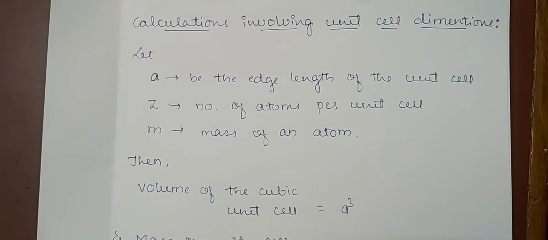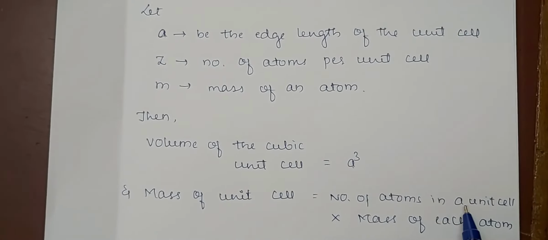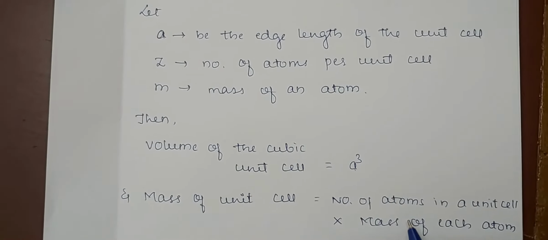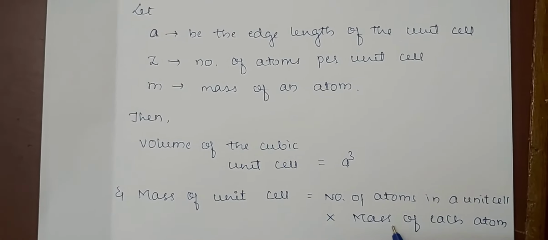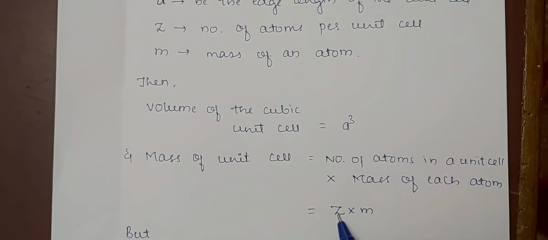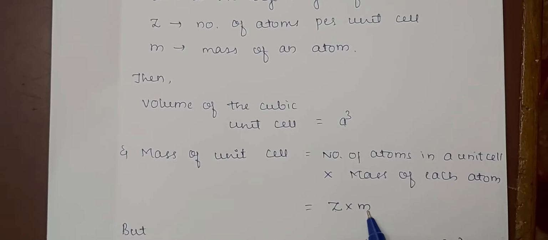And mass of unit cell is equal to number of atoms in a unit cell multiplied by mass of each atom. How many atoms are there? That is multiplied by mass of each atom. So here there are Z number of atoms and mass of each atom is m. So I have written Z into m.